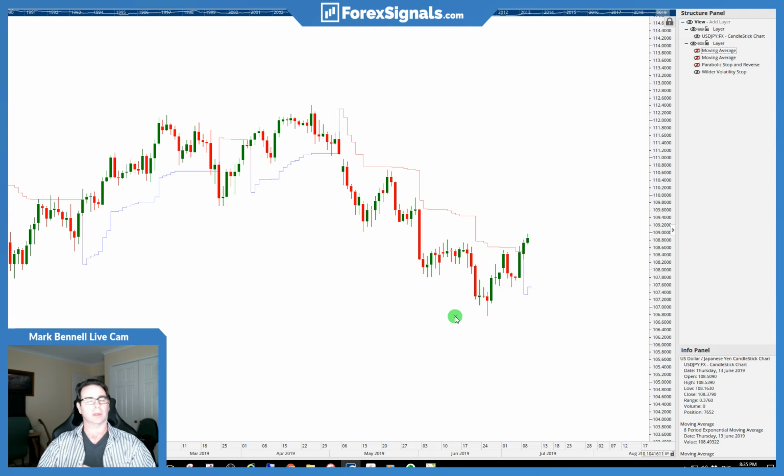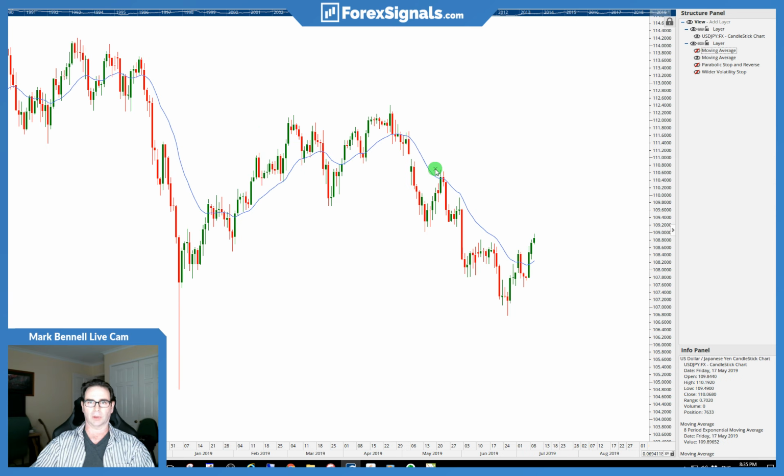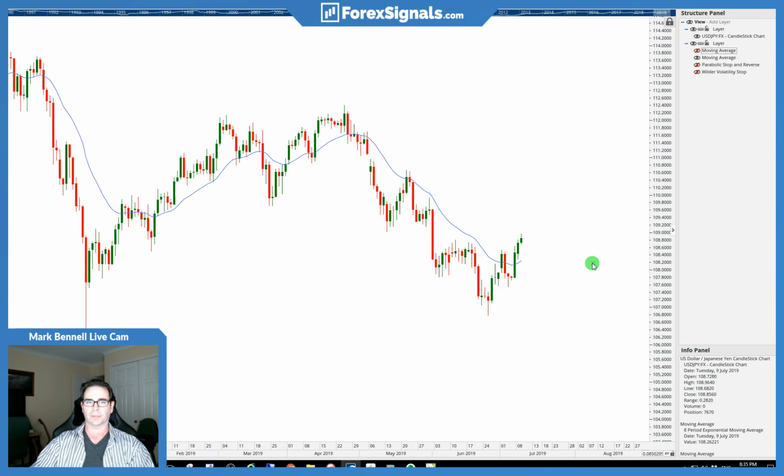One of those was classic moving, just the moving average. I think that was an 8, and then the 21 being close above. So you can see here it would have kept you in this, close above or below.